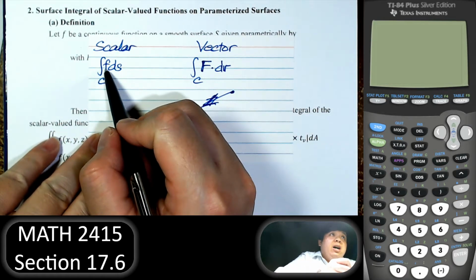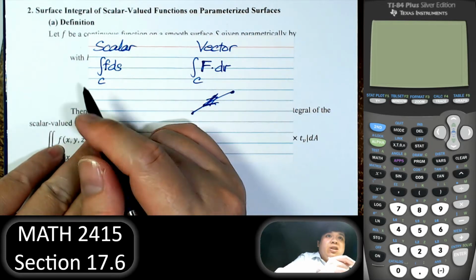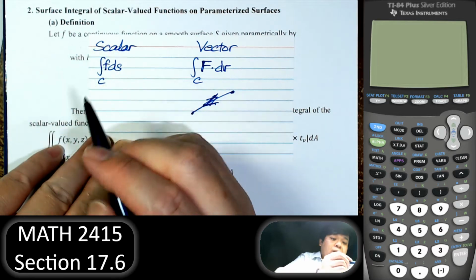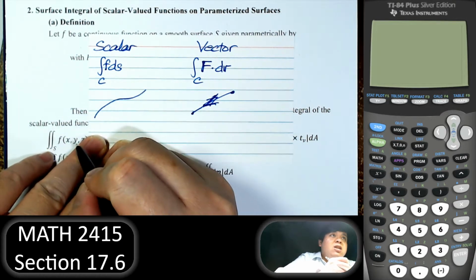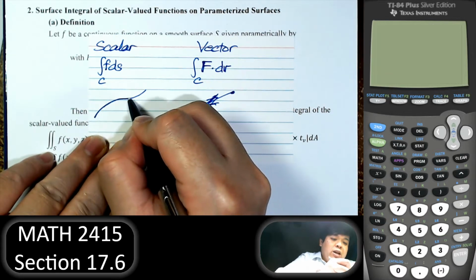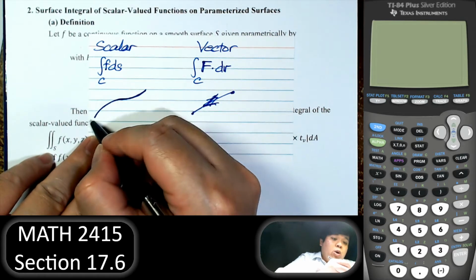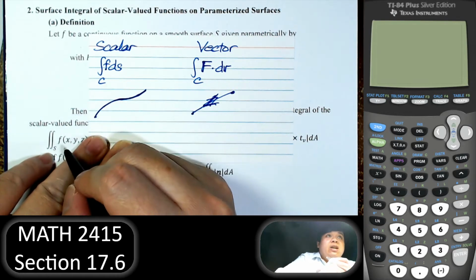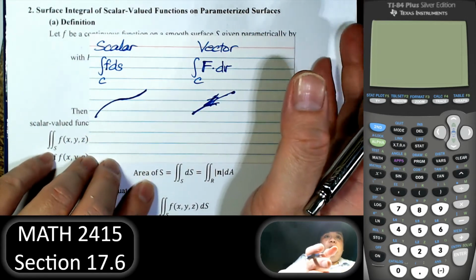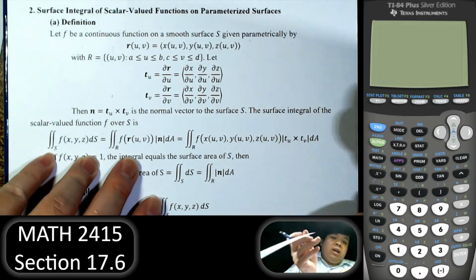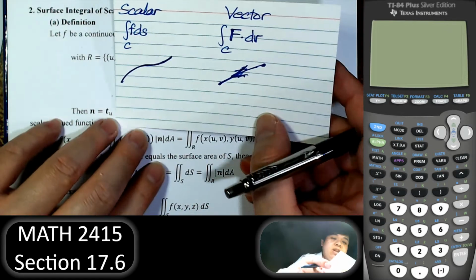If we calculate the mass, this f is the density function, so direction doesn't affect it. If we want to find the mass of a wire like this, it doesn't matter if we go from here to there or there to here. But for the vector version, it is important that we specify the direction. So that's the first thing.